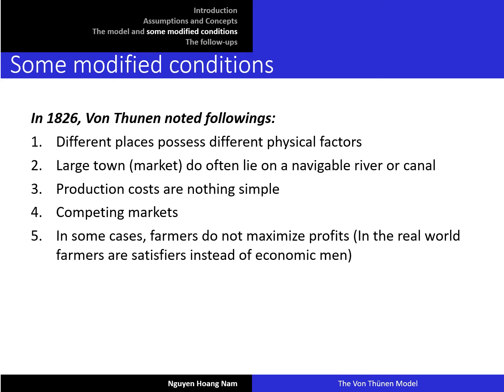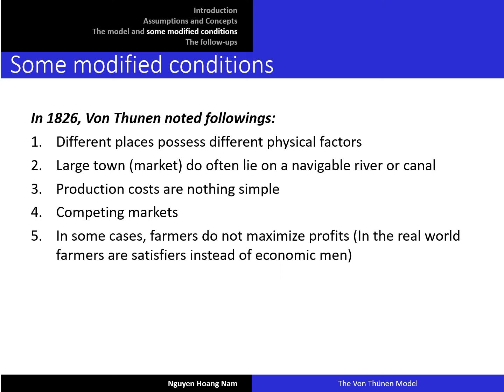Competing markets, so the price can be changed over time. But in fact, this is the simplest von Thunen model. We assume that the price doesn't change.